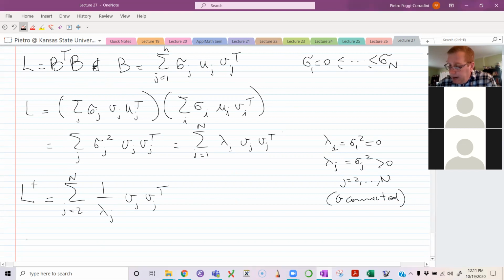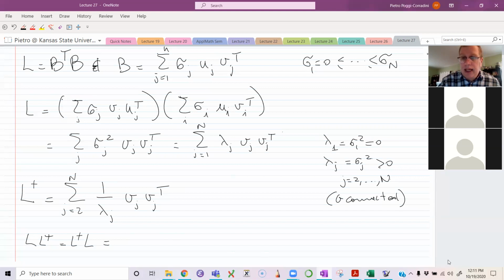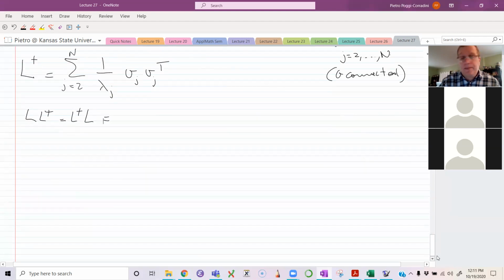In particular, L plus L is not the inverse, it's not the identity, but the 1 over lambda j cancel with the lambda j, so it's the sum of the Vj Vj transpose. That's the span of all the singular vectors except for the first one.